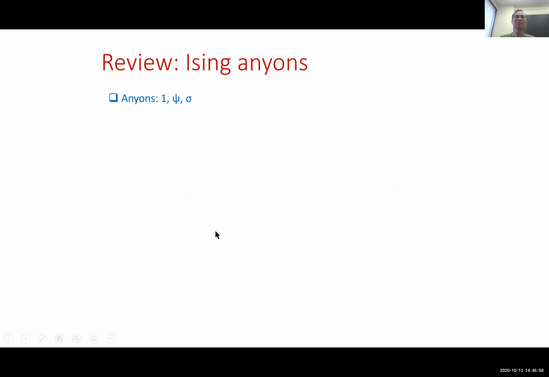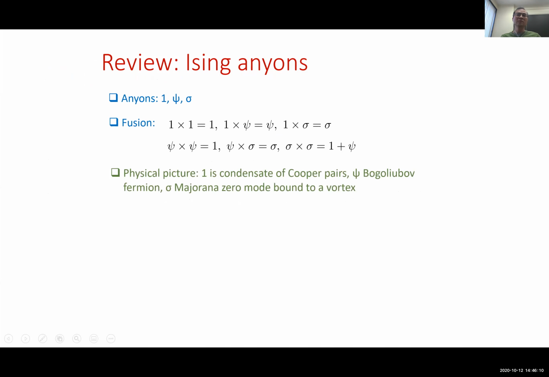So this is the review of the Ising-anyon model. These are the fusions that we already talked about. The physical picture that I mentioned last time is that the identity is sort of a condensate of pairs of fermions. These pairs of fermions are usually called Cooper pairs, which appear in superconductivity. Let me draw it: psi and psi, this is a Cooper pair.